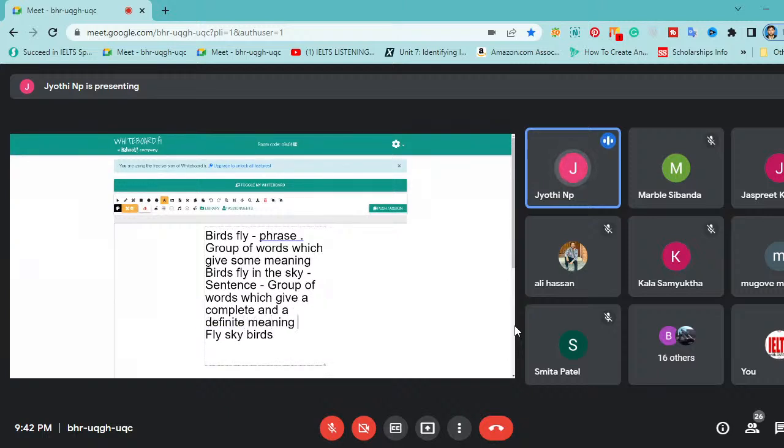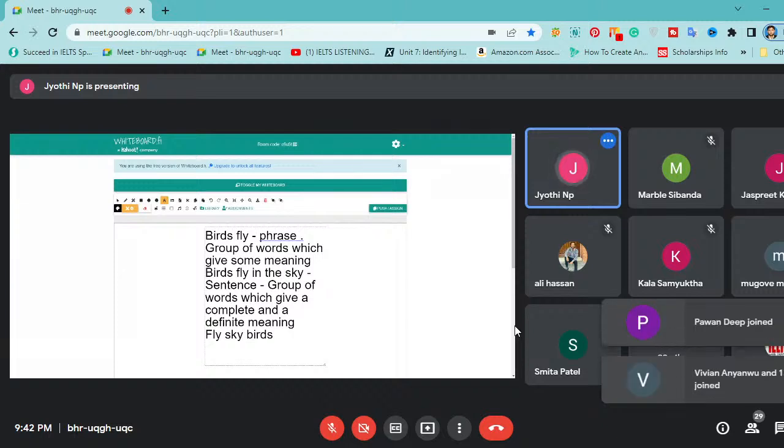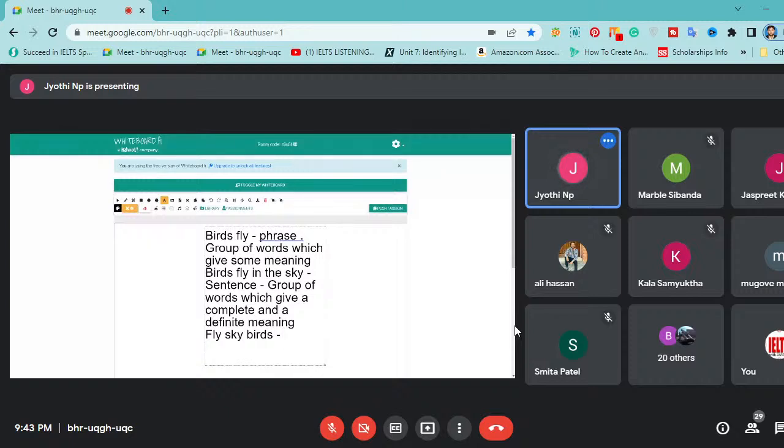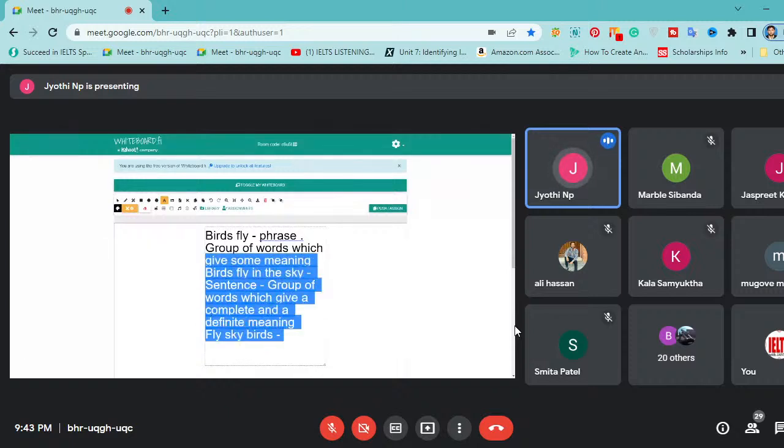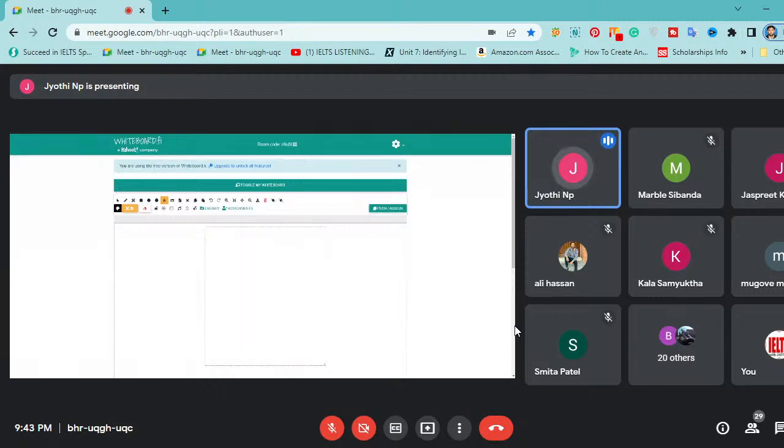So this is a sentence because it is giving you a complete and a definite meaning, right? Got it? Now the last one, it's neither a phrase nor a sentence because it doesn't give any meaning at all. I've just taken it as an example so that you'll understand what is a phrase and what is a sentence.